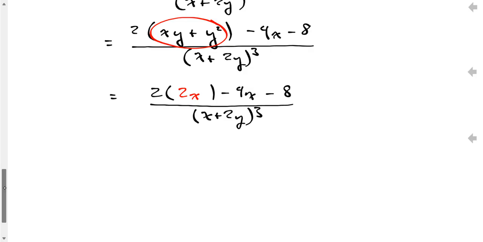What do we get? Negative 8 over x plus 2y all cubed. And some of you are saying, how is this simpler? That's pretty simple. It just took a lot of work to get there.